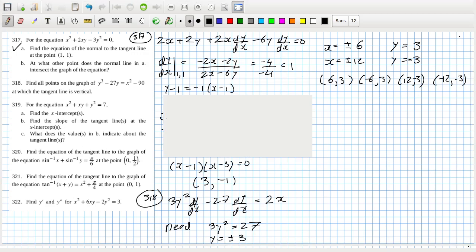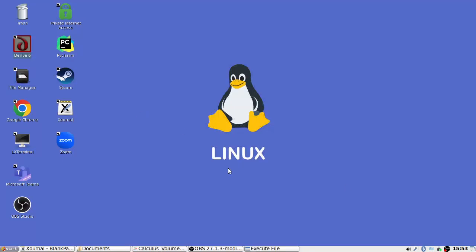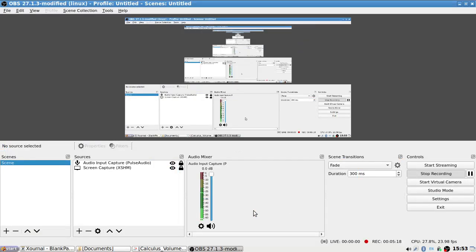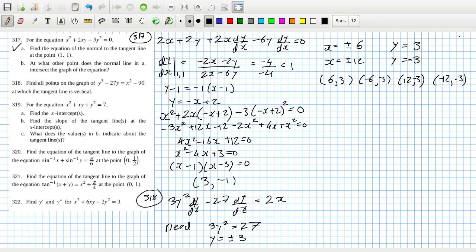I guess to know for certain I could graph it. But I suppose if it's roughly elliptical or circular or something like this, that does make sense. Does it? Could do. Let's graph it to be sure. Okay. Let's see.